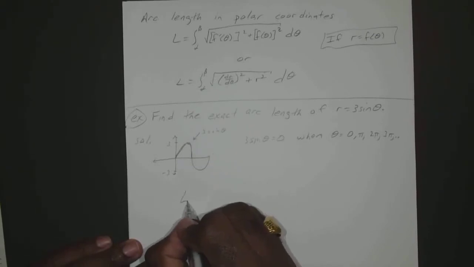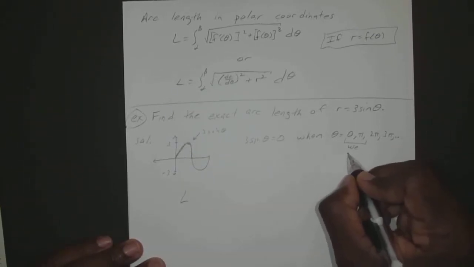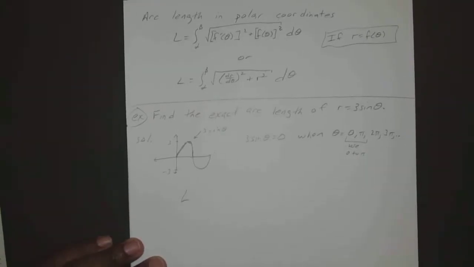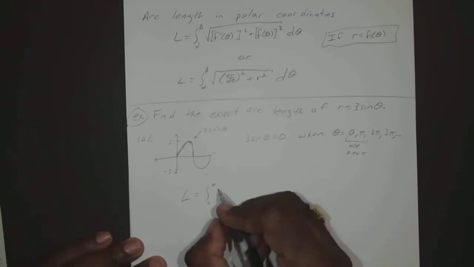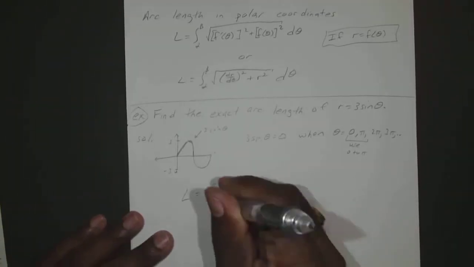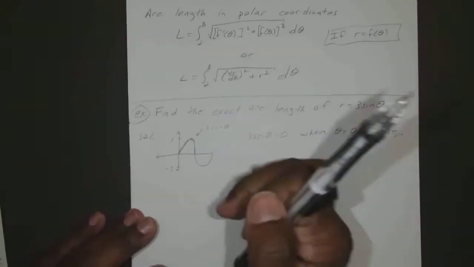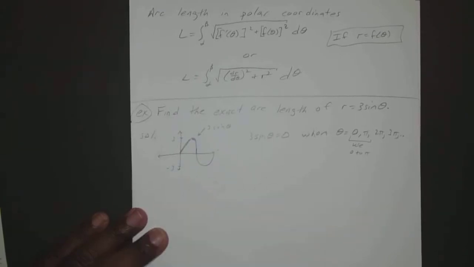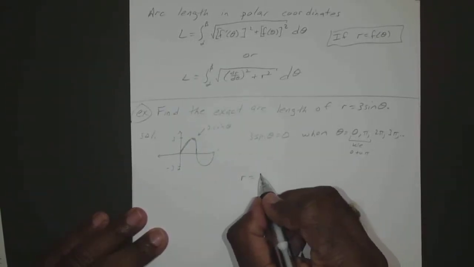Okay, so for the arc length we use 0 to pi, from 0 to pi times the square root. Oh, actually, it would help if I had my r and dr d theta first, so we'll do that first. Don't have to do it first, but it just makes sense. Okay, so we know that r is equal to 3 sine theta.